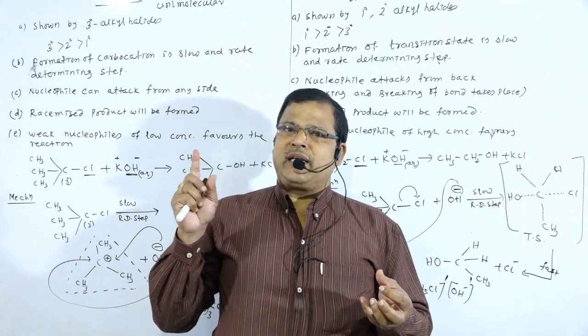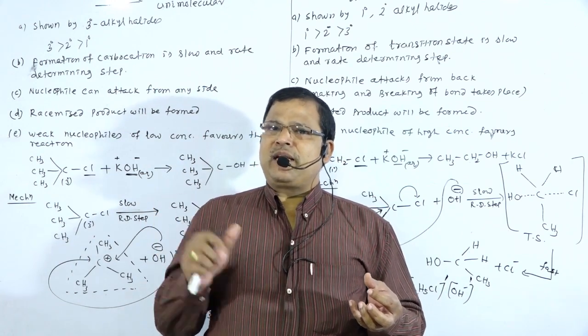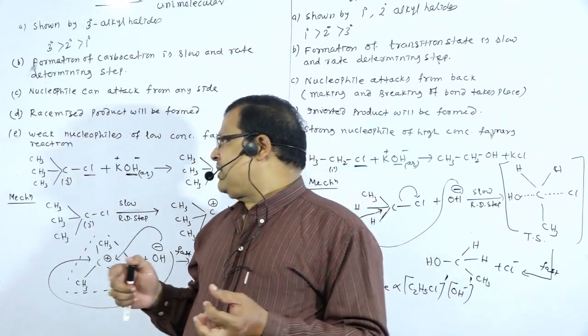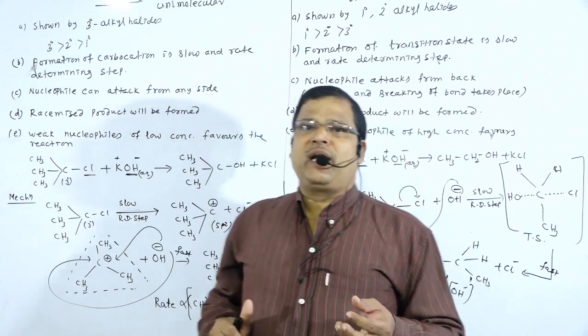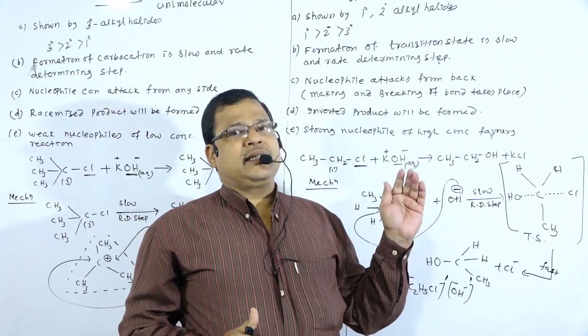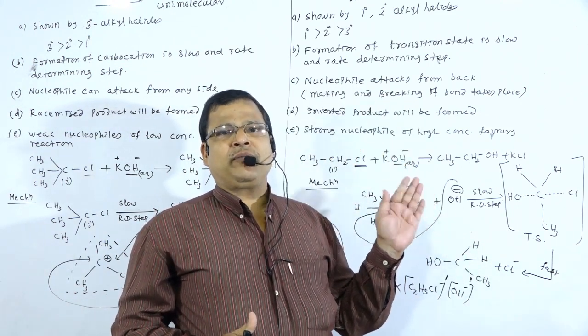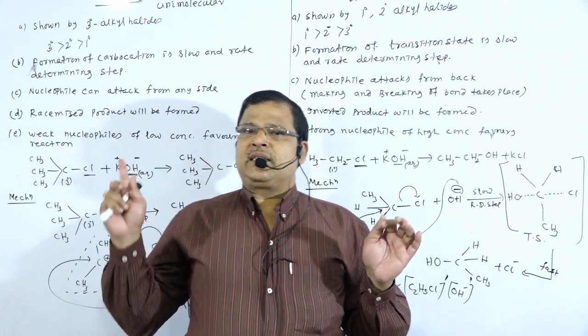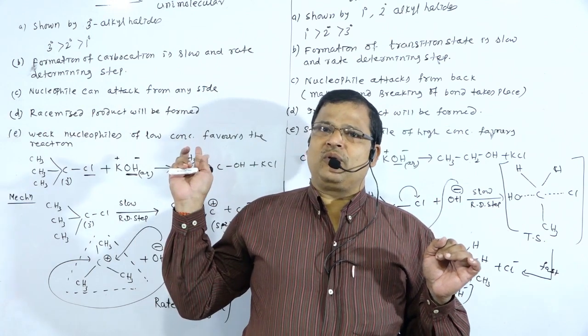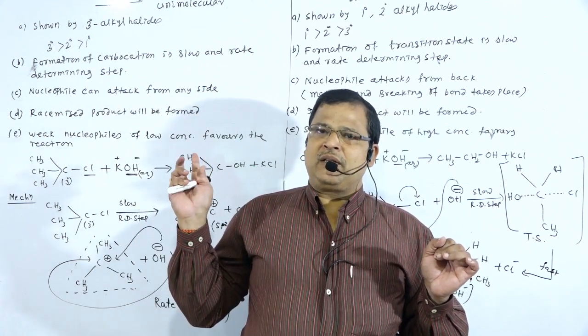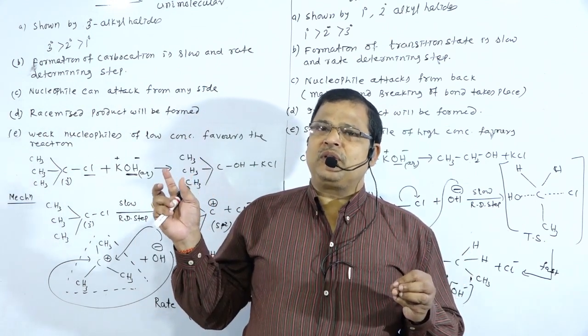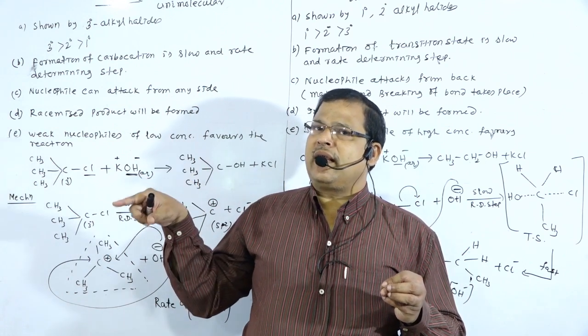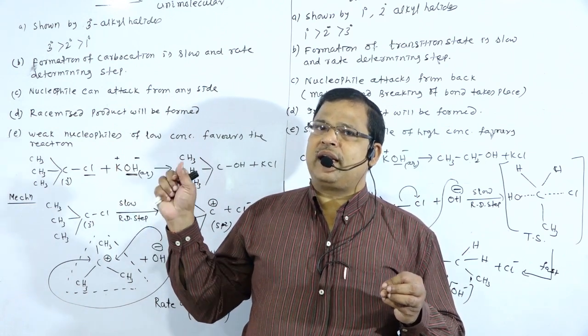In SN1 the product is racemized, though the inverted product will be predominant. But in SN2, only the inverted product is formed. And in this case, the steric factor plays a vital role: because of the presence of bulky groups, the nucleophile cannot attack from the back side.